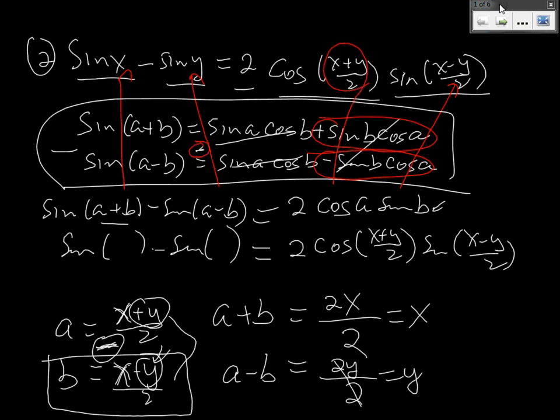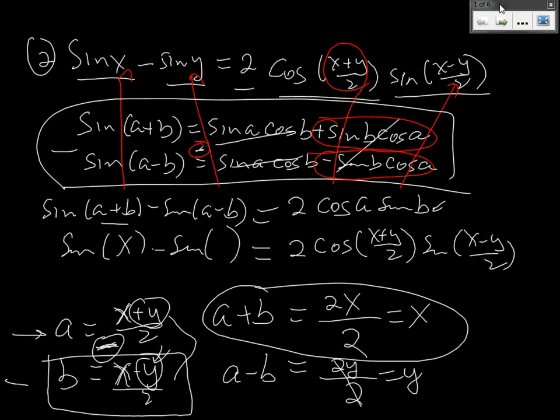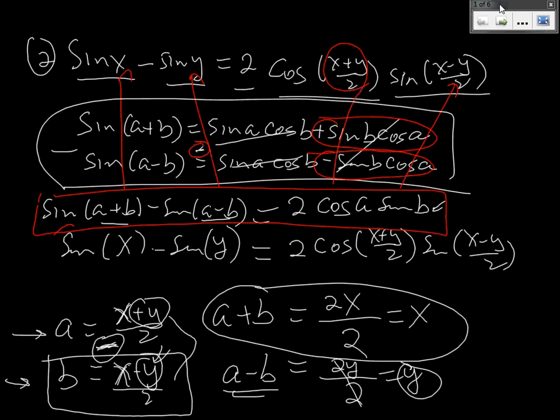But A plus B didn't change. It's still x. They didn't change because A and B are still defined the same way. And A minus B, that's y. And just from using a formula that we already knew, we got this new one, the one that I called number 2 up here.